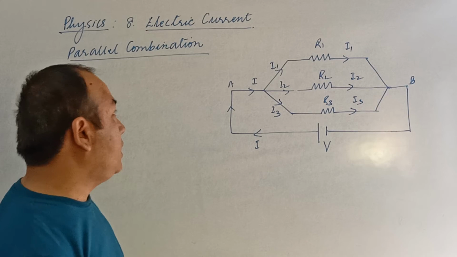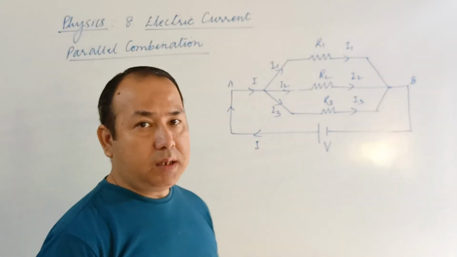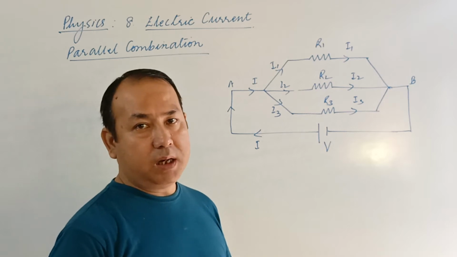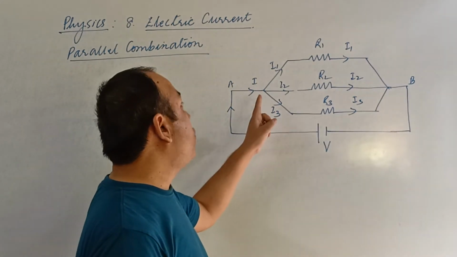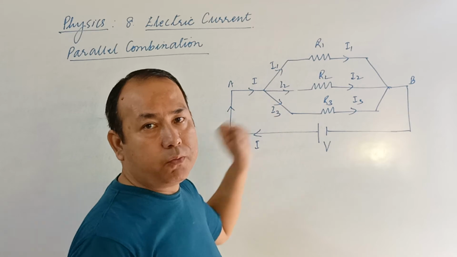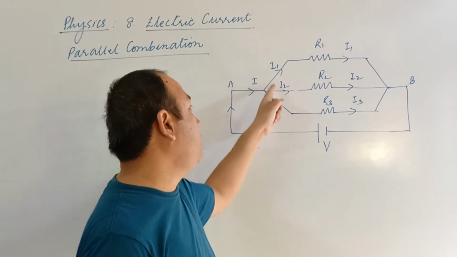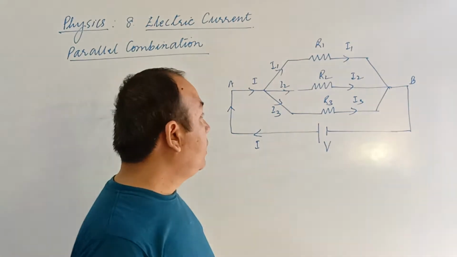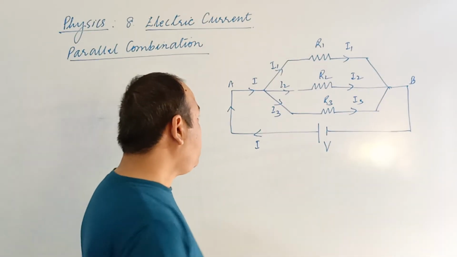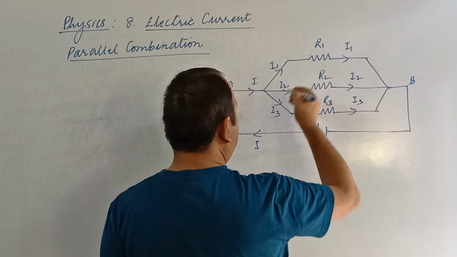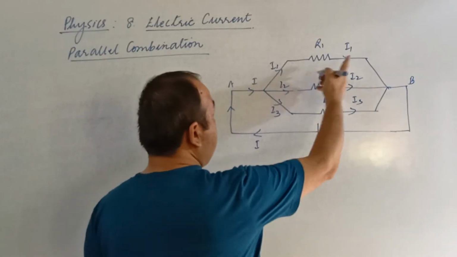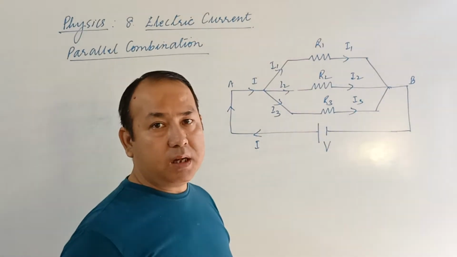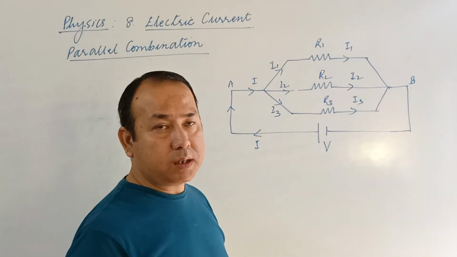So from the figure what we understand is that the resistances are said to be connected in parallel combination when there is more than one path for the electric current to flow. As you can see in the figure, three paths are there for the electric current to flow. The second thing is that a different amount of current flows through each of the resistances.